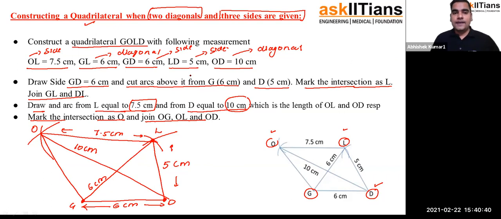So again, here we are first interested in forming the triangles, and then after the formation of both the triangles is done, you will automatically get your required quadrilateral. I hope this is clear to everyone. In case you have any query, please ask me and go through it.